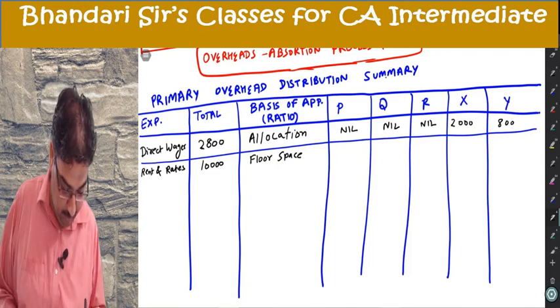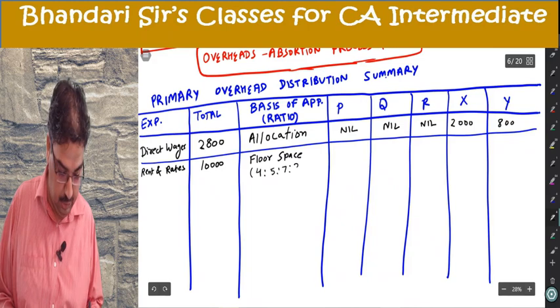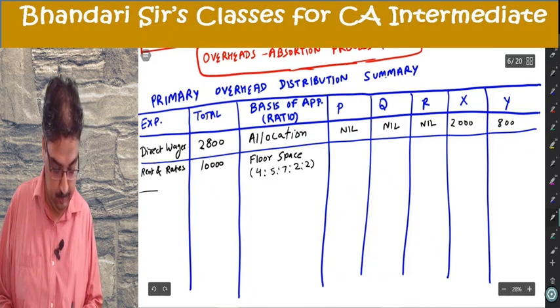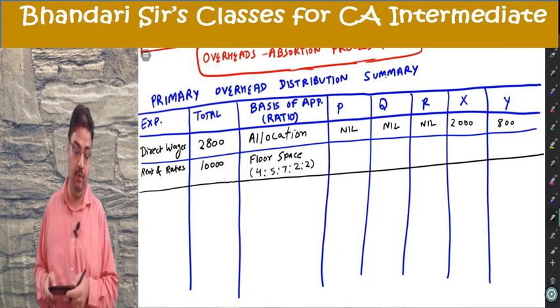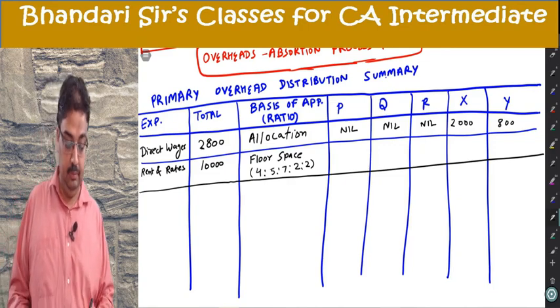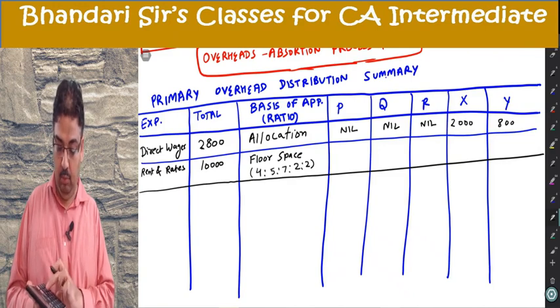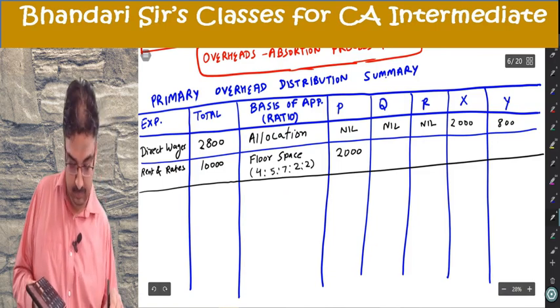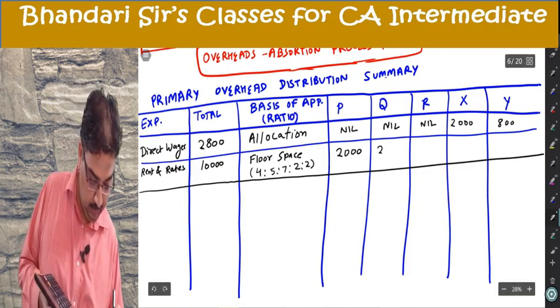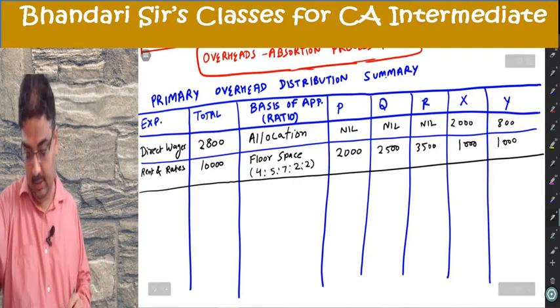If I divide by 500, I get the ratio 4, 5, 7, 2, 2. 4, 5, 9, 7, 16 and 4, 20. So 10,000 divided by 20, into 4. What I am getting there: 2000, 2500, 3500, 1000, 1000. That is rent and rates.